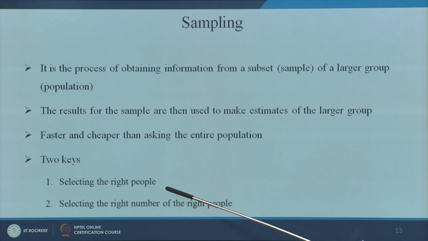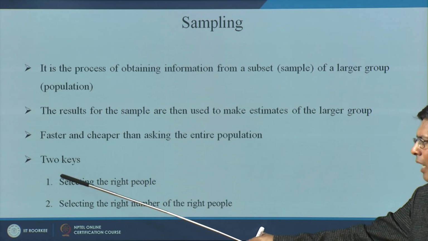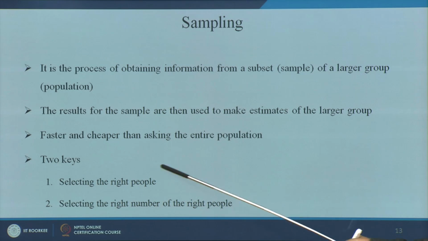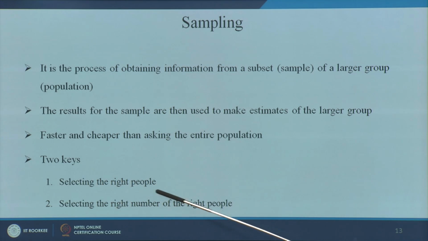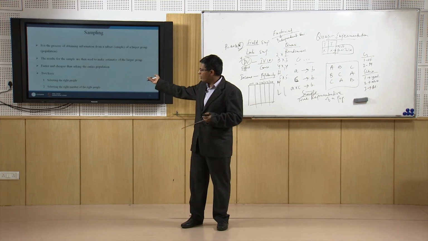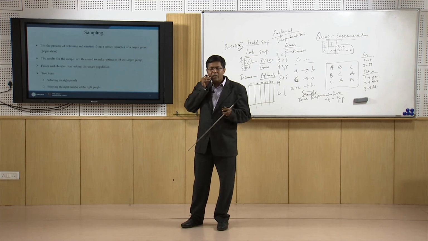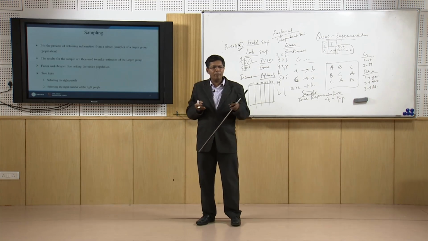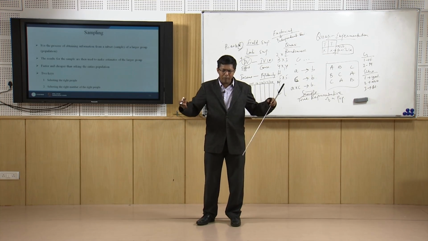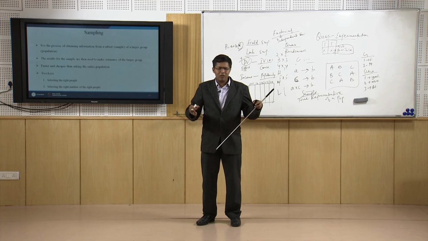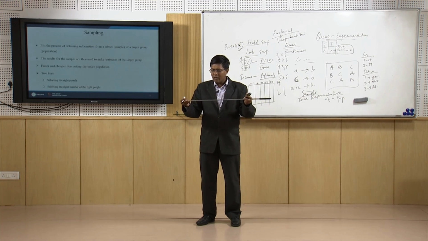Selecting the right people. When we are talking about a sample, it could be a person. In marketing research we will obviously take people, but a sample does not mean people only, my way of putting it might not be correct. A sample could be anything, it could be a product also. From a population of elements, let us say machines or chairs or tables, or this pointer.